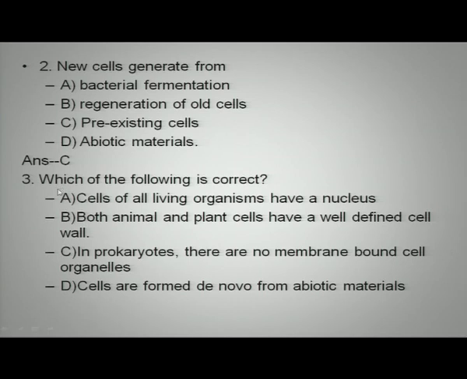Now, your third question, which of the following is correct? Options: cells of all living organisms have a nucleus; both animal and plant cells have a well defined cell wall; in prokaryotes, there are no membrane bound cell organelles; cells are formed de novo from abiotic materials.